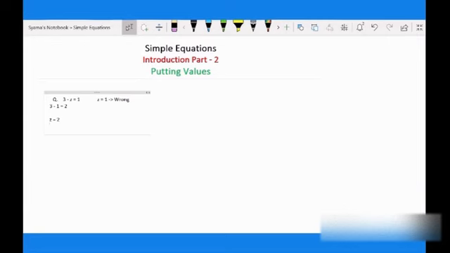So 3 minus 2 equals 1. The answer in the question is 1, and the answer which we got in our solution is also 1. Therefore, z equals 2.